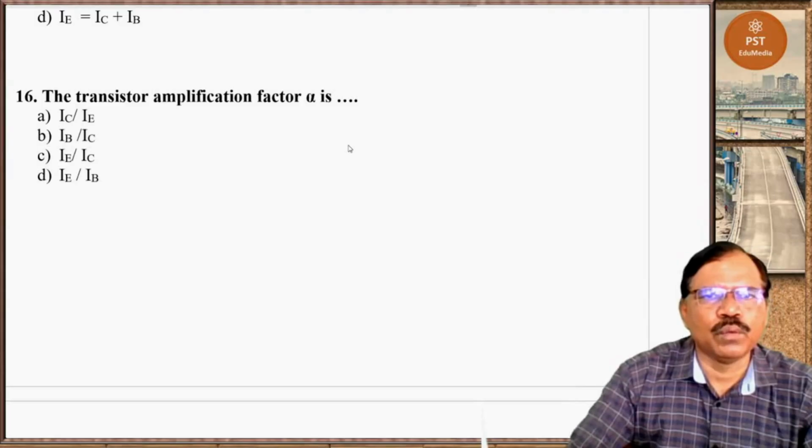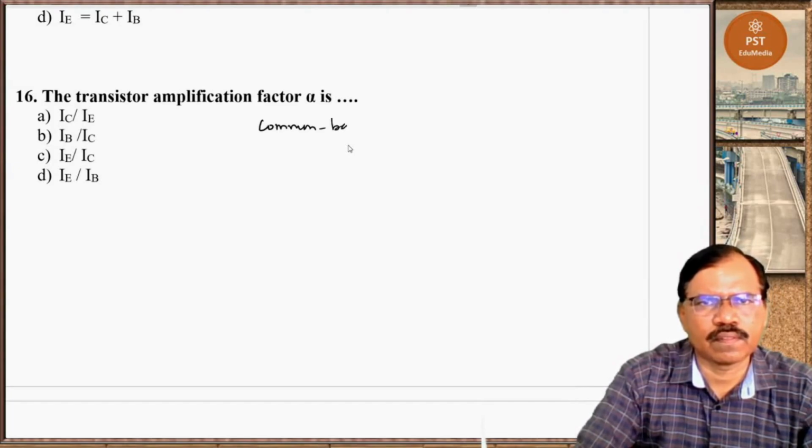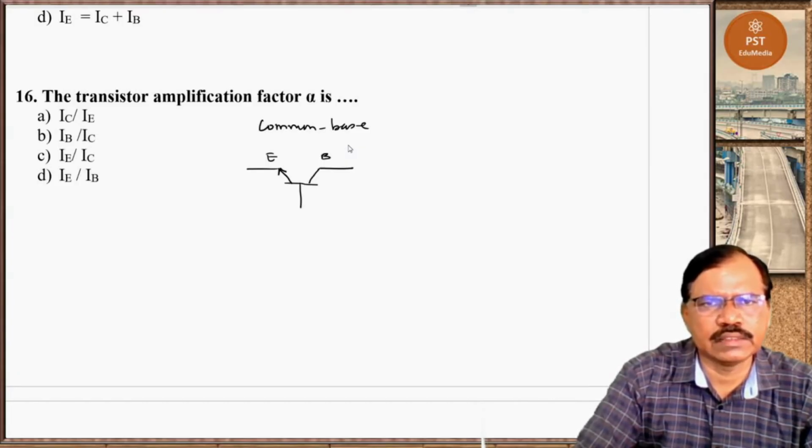So suppose we have common base configuration. So I will take here transistor. This is NPN transistor, emitter, base, collector.